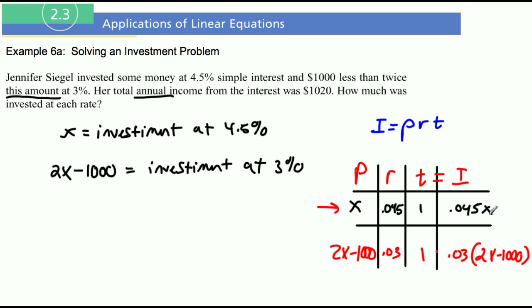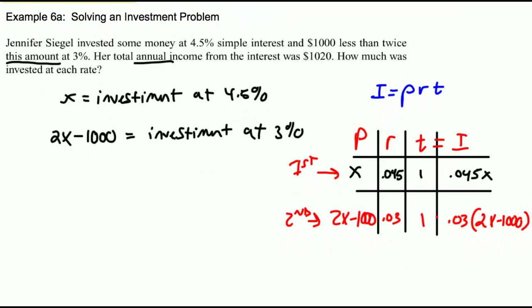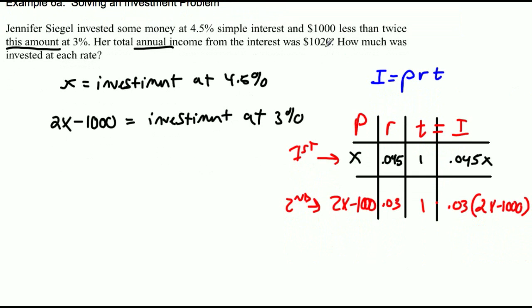Okay, so I have the interest of my first investment and the interest of my second investment. Alright, so we have a lot of nerdiness going on right there, a lot of algebra, but what are we going to do with all this?